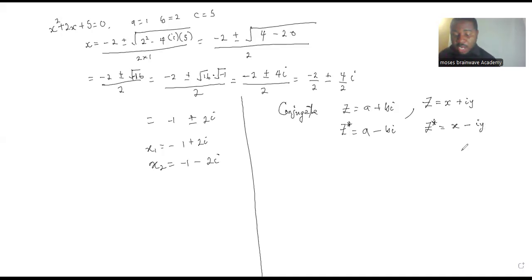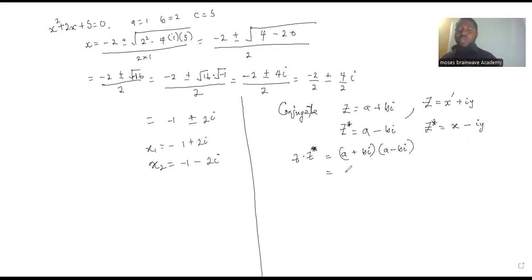Good. Now, for instance, if I have z multiplying its conjugate, what am I going to get? Z is a plus bi, multiplying its conjugate, a minus bi. Fantastic.